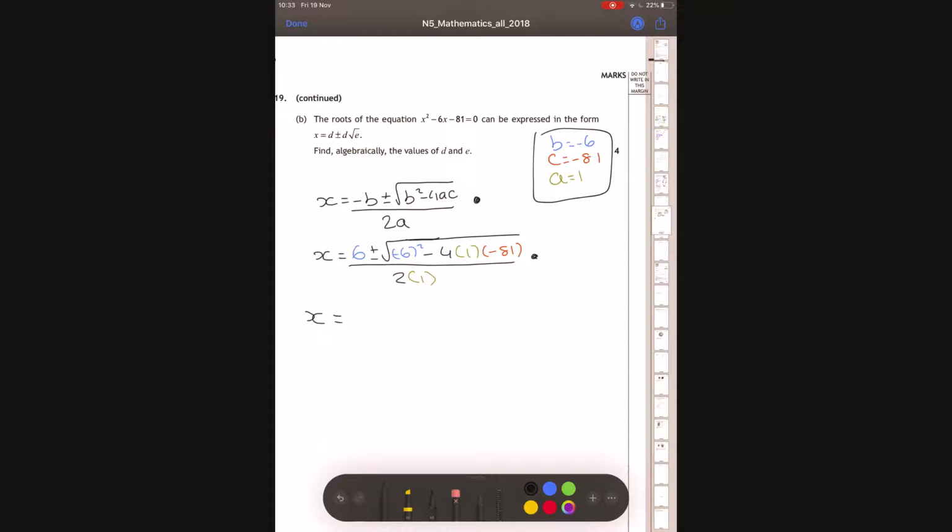Let me just clarify, this is a positive 6 here because we're doing negative b, and a negative times a negative, because we have a -6, is a positive. So that's why it's positive 6.